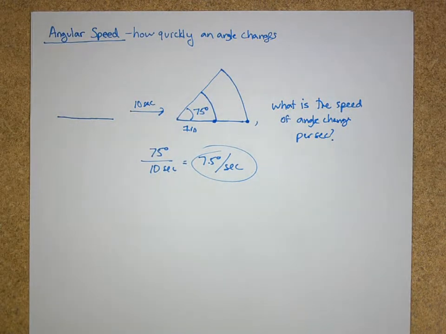So that's a big difference between angular speed and linear speed. Angular speed only cares about how the angle changes, whereas linear speed is going to take into account how far out you are, because you've got a certain distance that you have to cover, and the larger your radius, the larger that intercepted arc distance is going to be. So angular speed, we're looking just straight at angle measurement divided by time.